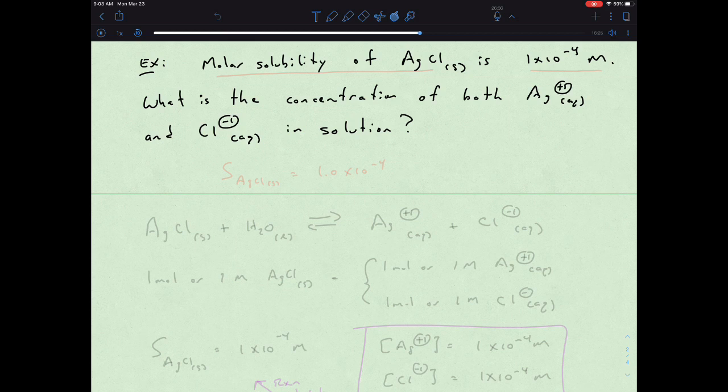And so in our first question, what do I have initially? I have this silver chloride solid material. That sets us up for what is the equilibrium reaction, and now what is our KSP actually equal to?